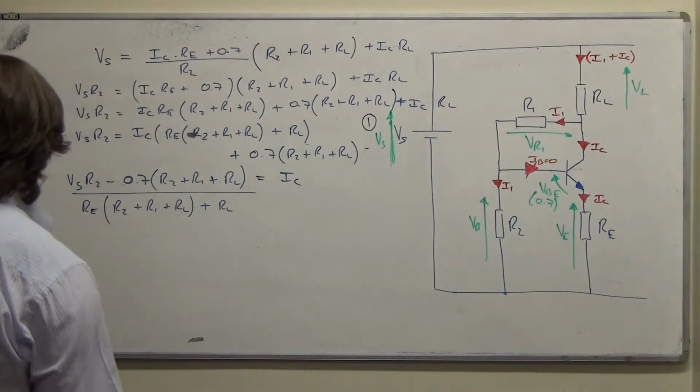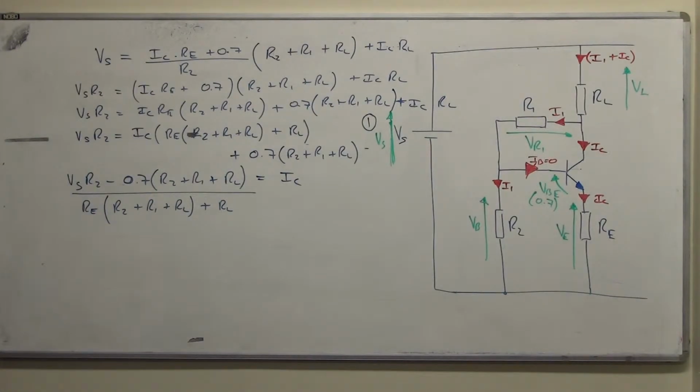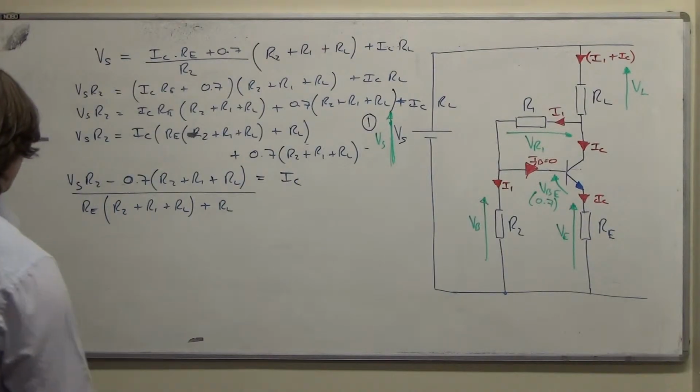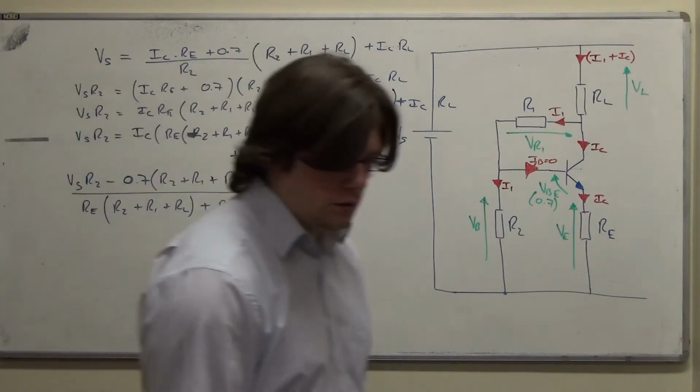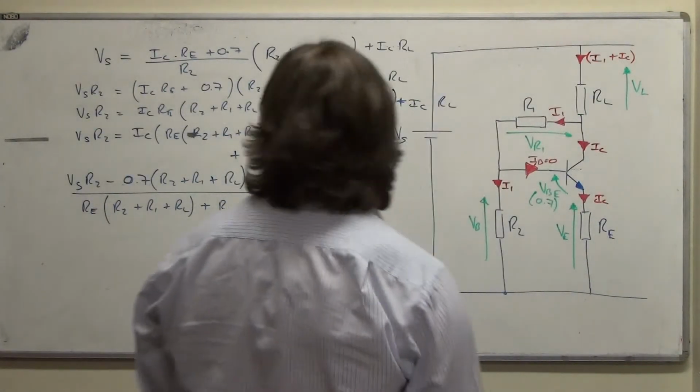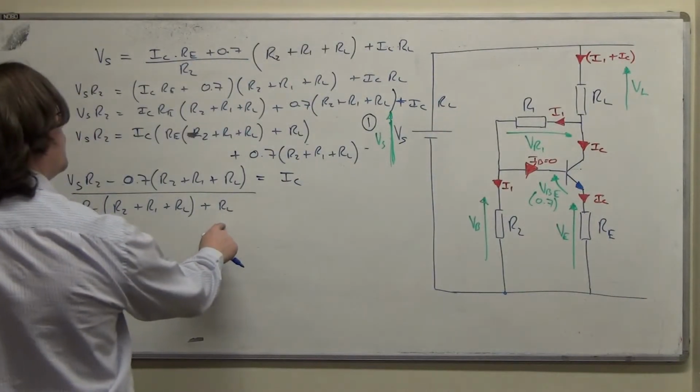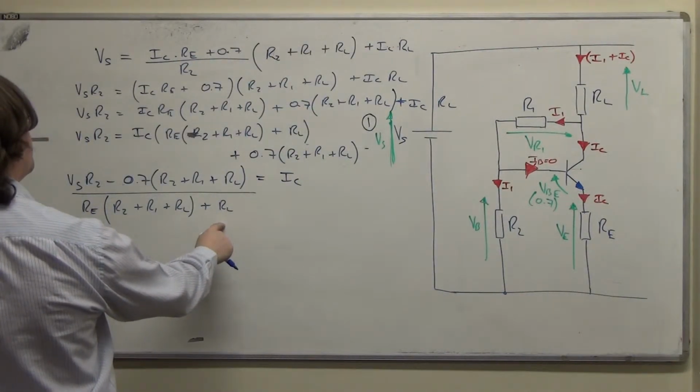So to get it into that form, the only thing we've got to do now is divide by R2, I think, possibly. I'm missing an R2 here. How's that happened?